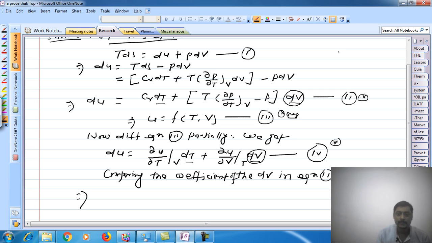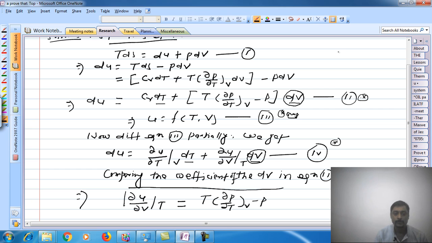We get del u by del V at constant temperature is equal to T del P by del T at constant V minus P. This is the equation we have to derive, and this is proved.